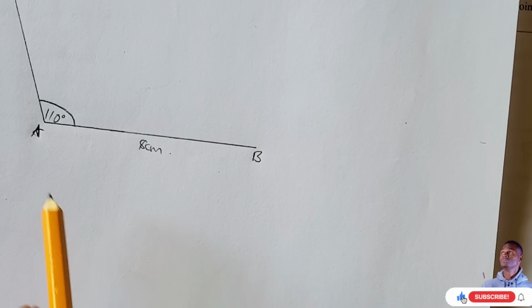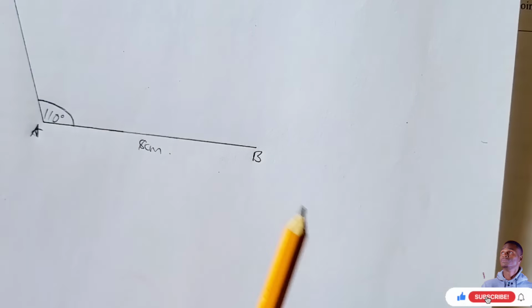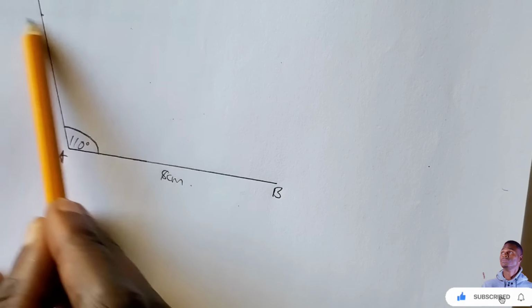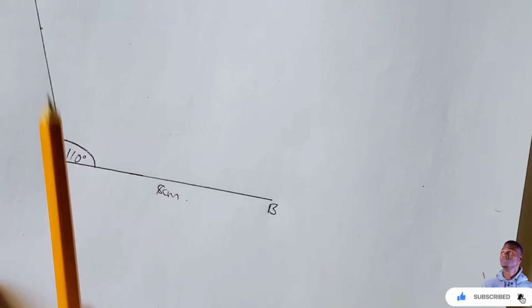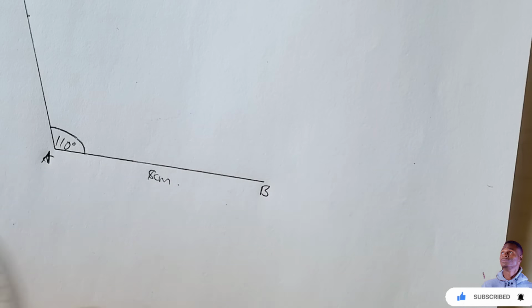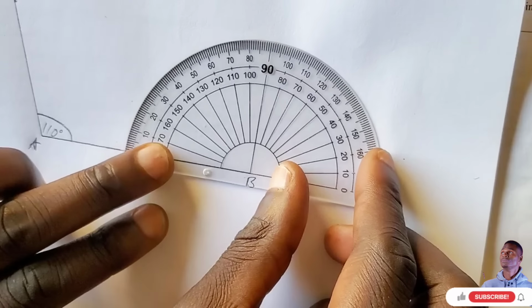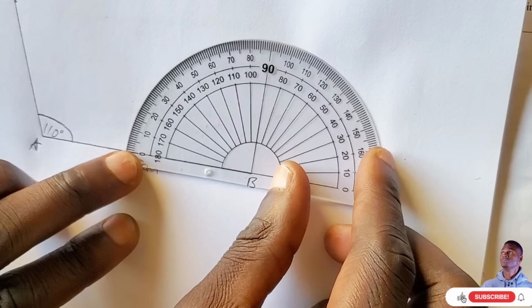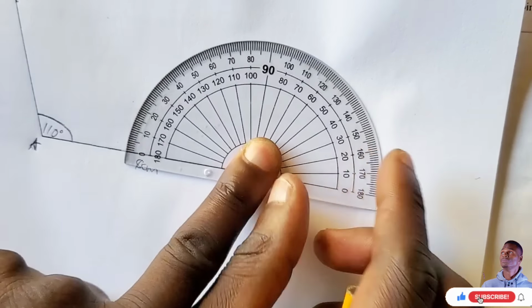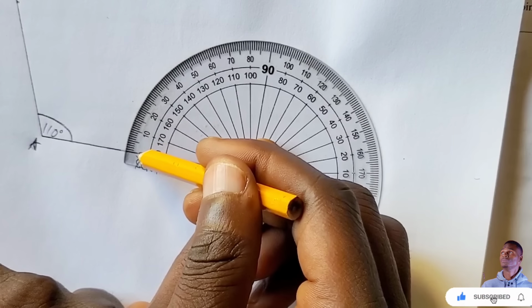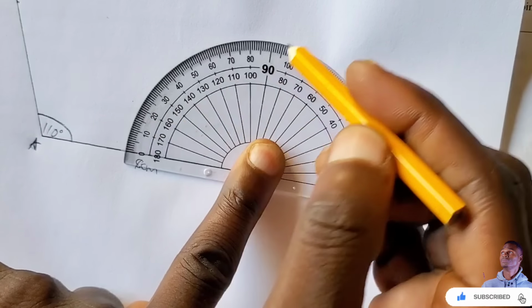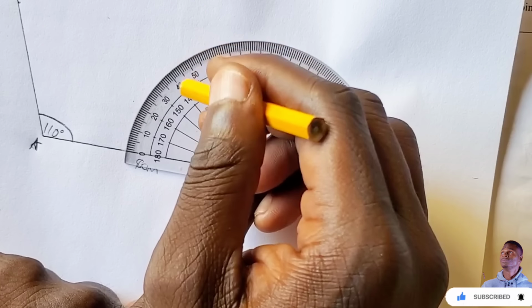All right, now we have to find C. We are given the angle ABC 35. A, B, C somewhere. C is supposed to be anywhere on this line. So we get our protractor and put it at B. We use the outer part, up to 35.